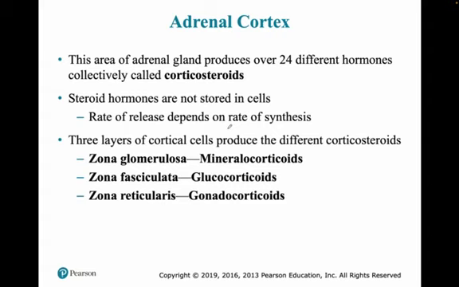Fasciculata will produce glucocorticoids, and reticularis will produce gonadocorticoids. Altogether they are called corticosteroids, and there are approximately 24 different hormones produced from these three layers. But they're not generally stored much in the cell; they're synthesized as required.